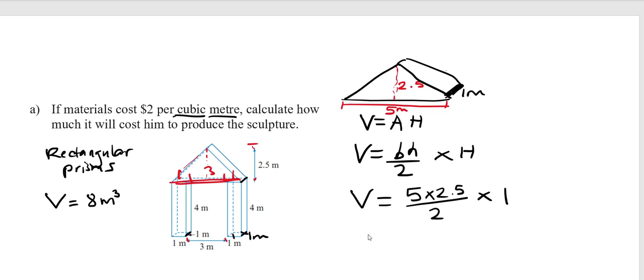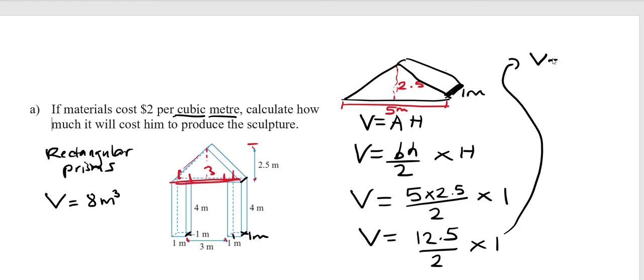Okay, so volume will be equal to, let's multiply 5 times 2.5 first. So 5, if I double 5, it's 10, so that leaves me with 12.5. And then I've got to halve that, and then times it by 1. I'll just continue it up here. So volume will be equal to, what is half of 12.5?